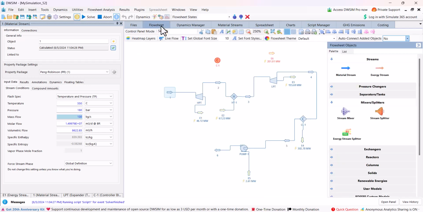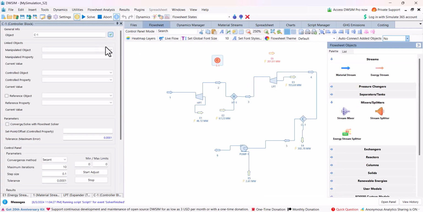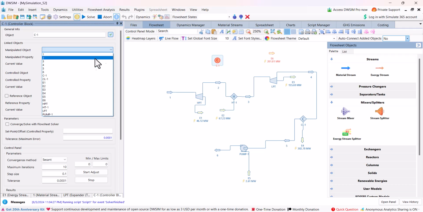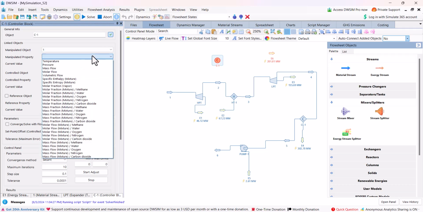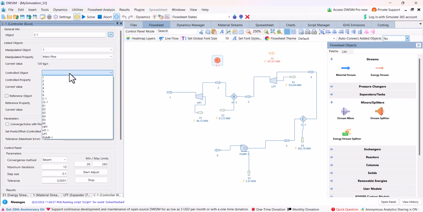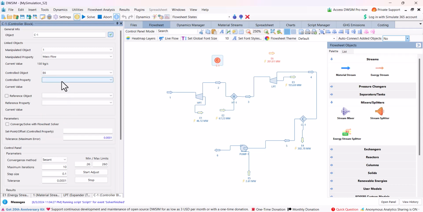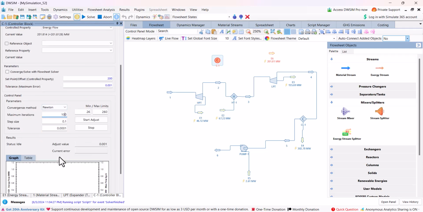Go to flow sheet. With the controller we need to manipulate mass flow rate of stream 1, and we need to control E6 energy flow. We need to make it 200 megawatt, and let's reduce the tolerance a little bit. We will use Newton method first. Let maximum iterations, make it 200 and start adjusting it.